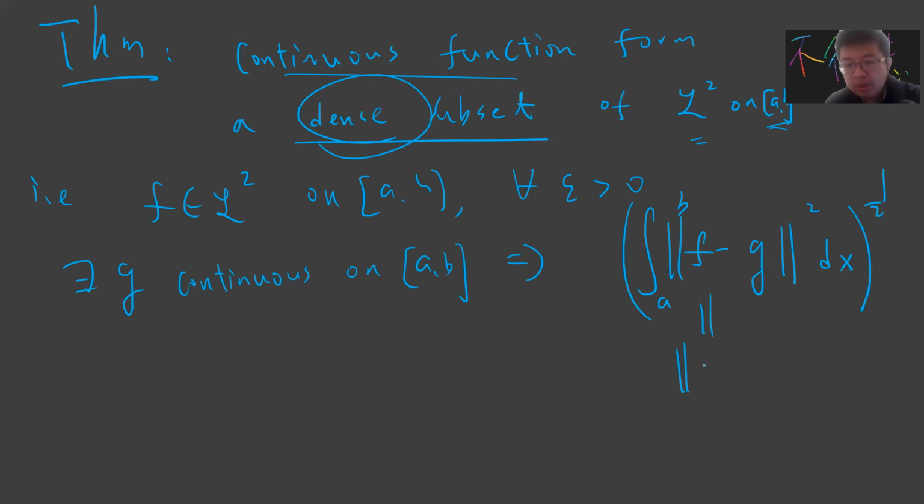This is defined to be the norm of f minus g, and it is less than epsilon. Basically, if somebody gives you a function in L2, you can find a continuous function whose norm difference from it is less than epsilon.